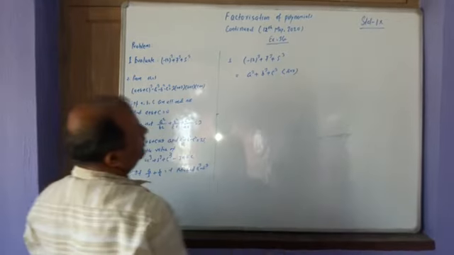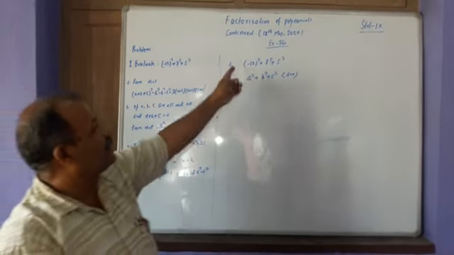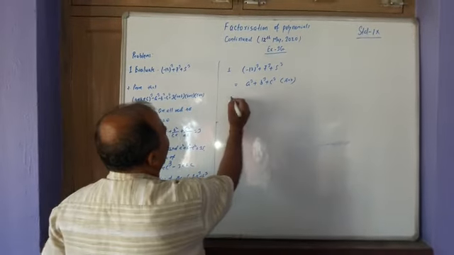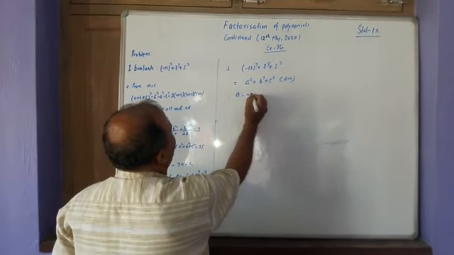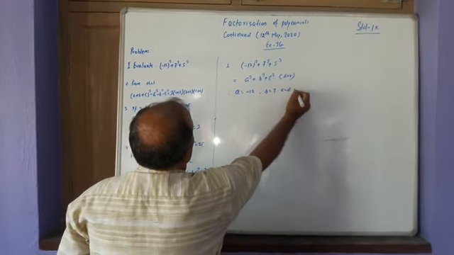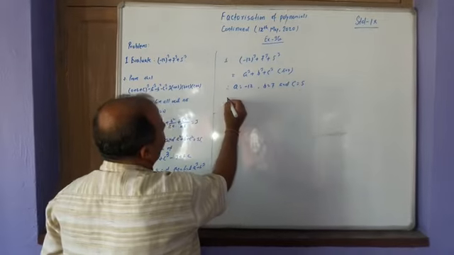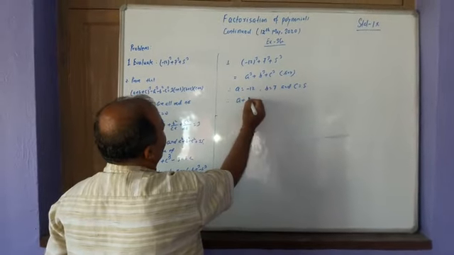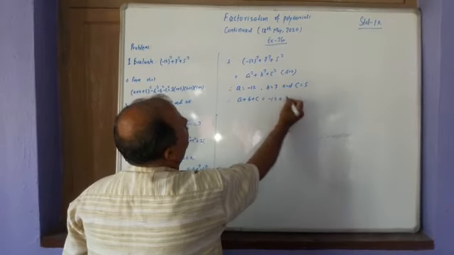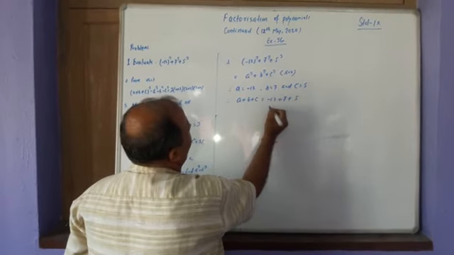We have just supposed this will be equal to a cube plus b cube plus c cube. Therefore, a is equal to minus 12, b is equal to 7 and c is equal to 5. And therefore a plus b plus c is minus 12 plus 7 plus 5.